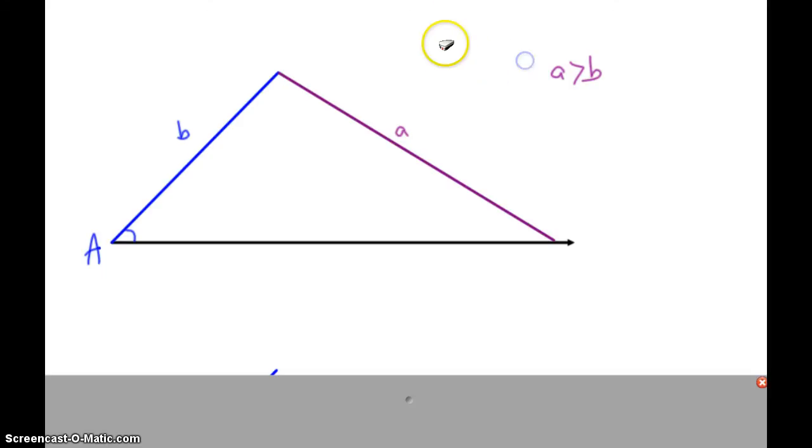Maybe that's not called obtuse. It probably is, but since I don't exactly know what this angle here is, we'll just say one triangle, where I have to swing this leg out to the right. Because A is too big to go to the left, it has to go out to the right. So if A is greater than B, then I only have one triangle.